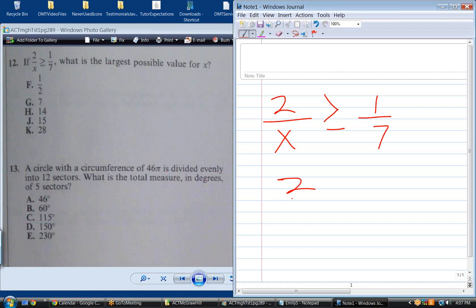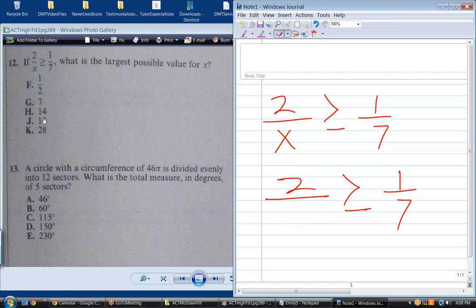So is 28 greater than or equal to 1/7? What is 2/28 equal to? Simplify. 1/14. Is 1/14 greater than or equal to 1/7? It's less than 1/7. So that's not the answer.